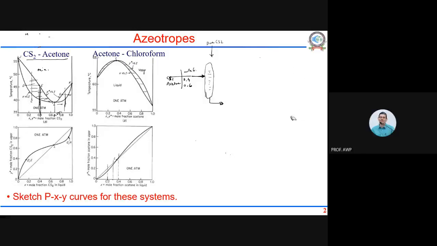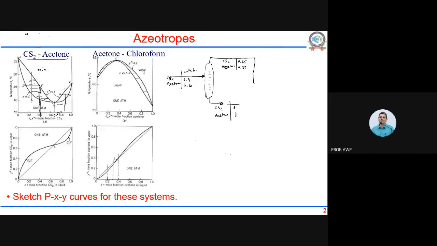So let me draw, so that everybody knows what I'm talking about. We have CS2 and acetone, this is 0 and 1. This is like our first problem. We have 0.65, 0.35. This is our problem number 1.